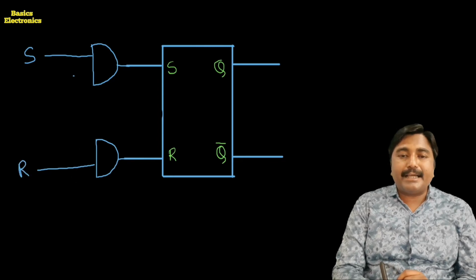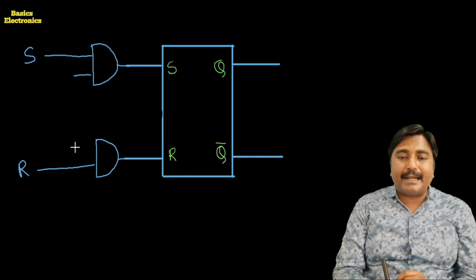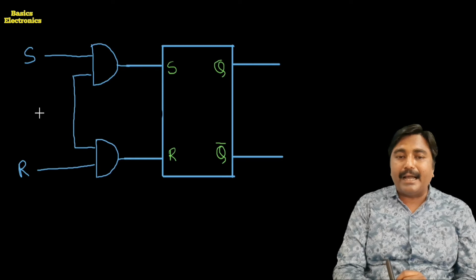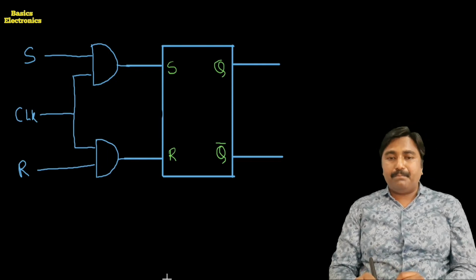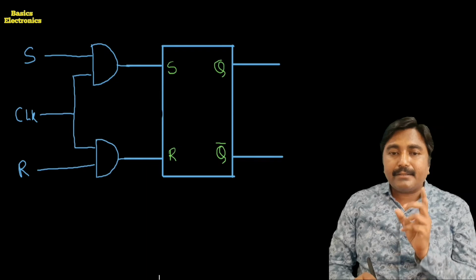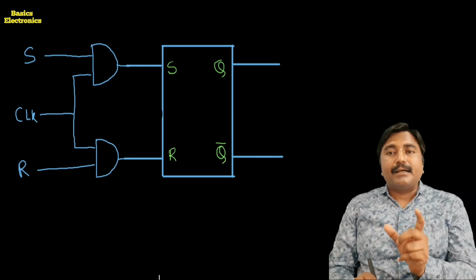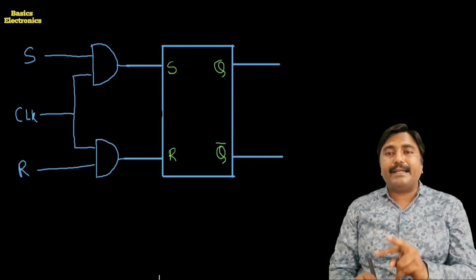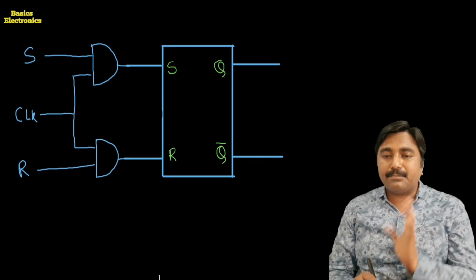The second input of the first AND gate and the second input of the lower AND gate we tie together and apply one common input. That common input we call the clock input. So this is the clock RS flip-flop with the help of two AND gates and the RS flip-flop.